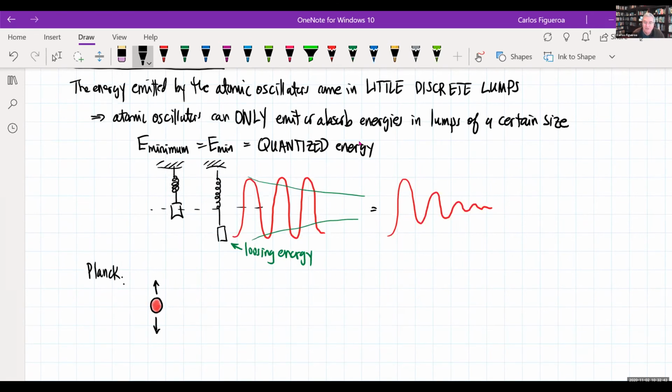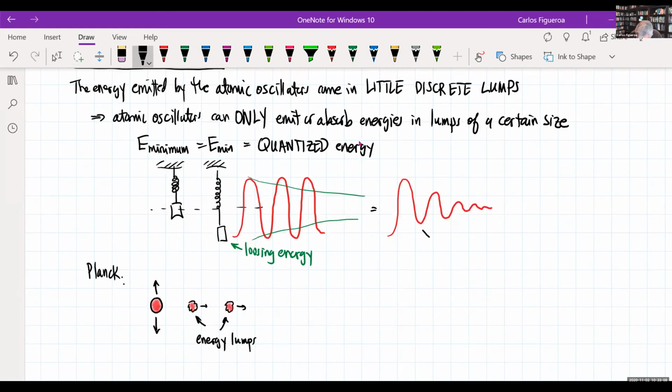But how does it lose energy? It's throwing something off. You're getting these energy packets or energy lumps that somehow get thrown off like this.